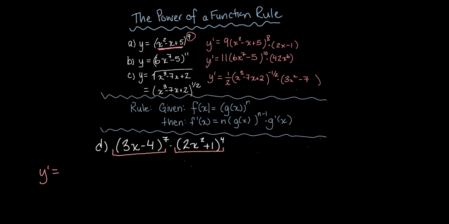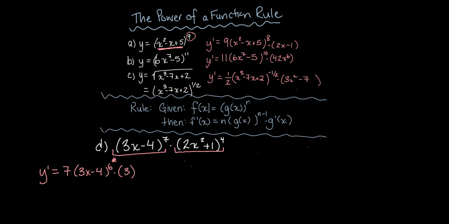So when we do the product, we are going to get the derivative of the first thing, which is this first term. So in order to do that, we have to use the new rule that we just learned. So we take the 7 to the front, keep the inside function the same, reduce that number by 1, multiplied by the derivative of the inside, which is 3.